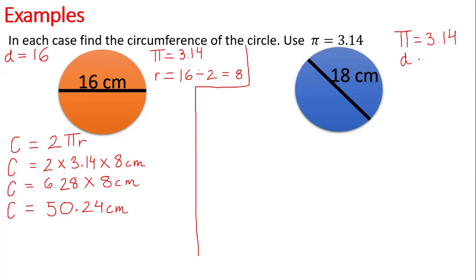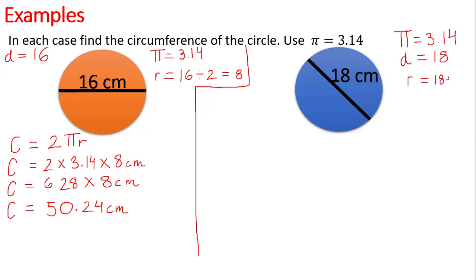The diameter is 18. Remember, the diameter is the long one. Now what is the radius? 9. Half of it. So 18 divided by 2.